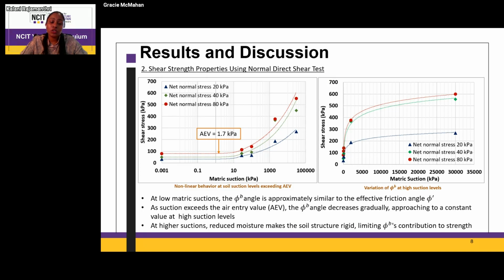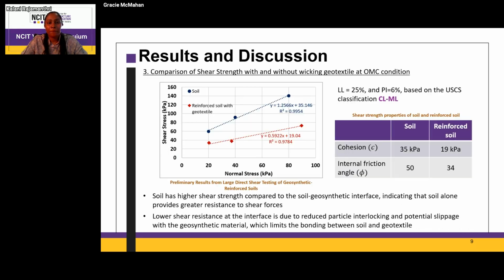But as suction goes beyond the air entry value, phi b decreases and eventually stabilizes at high suction levels. The right graph shows the shear stress at higher suction levels for different normal stresses. At these high suction levels, the soil structure becomes more rigid, which limits the effect of phi b on the shear strength. Next slide, please.